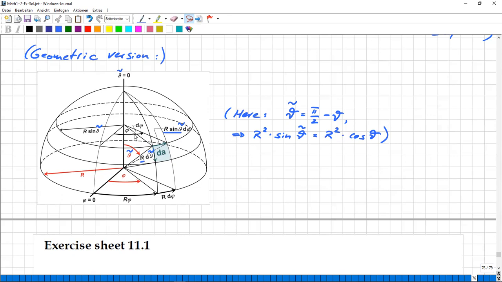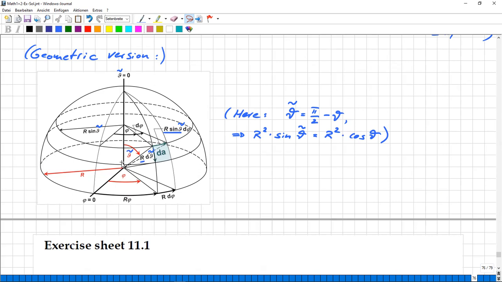If I go from here to here, you see that the differential phi is an angle in radians, but it has to be multiplied with its distance from the z-axis, which is a contribution of capital R, the radius of the sphere, times sine of the theta angle, which is measured from here to there.